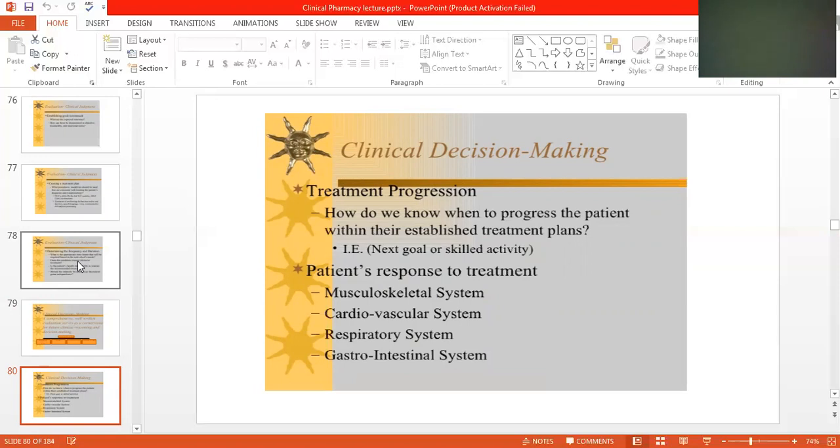Patient response to treatment, musculoskeletal system: is there any good effect or bad effect? Response to the treatment should be a good effect. Has the cardiovascular system improved or not, the respiratory system, the gastrointestinal system? All systems have to be evaluated clinically to see the treatment progression.